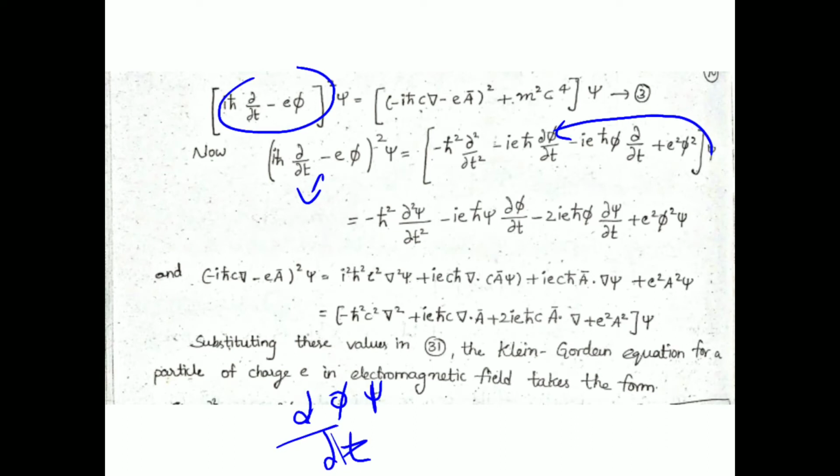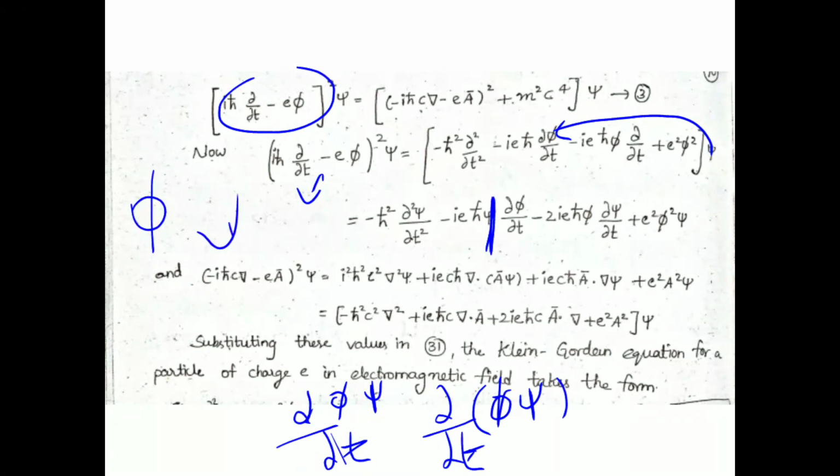So what would happen is we would have ∂/∂t of φ into xi, which is of the UV form. So now we need to apply the UV formula. First of all, xi into ∂φ/∂t. Next, φ into ∂xi/∂t. So this is φ and this is xi.